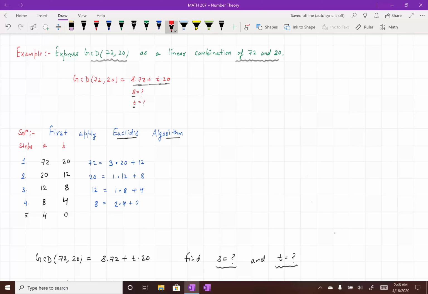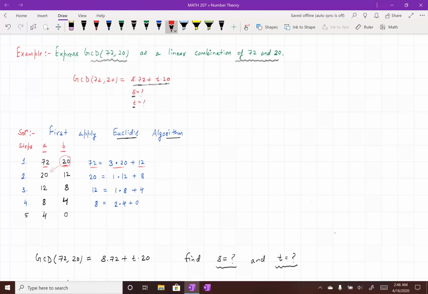I'm going to show those steps in the first column, where the updated values of A and B are written in the second and third columns. In my initial step, the value of A is 72 and the value of B is 20. So 72 can be written as 3 times 20 plus 12. Since in this step the value of B is not equal to 0, I can move to the next step.